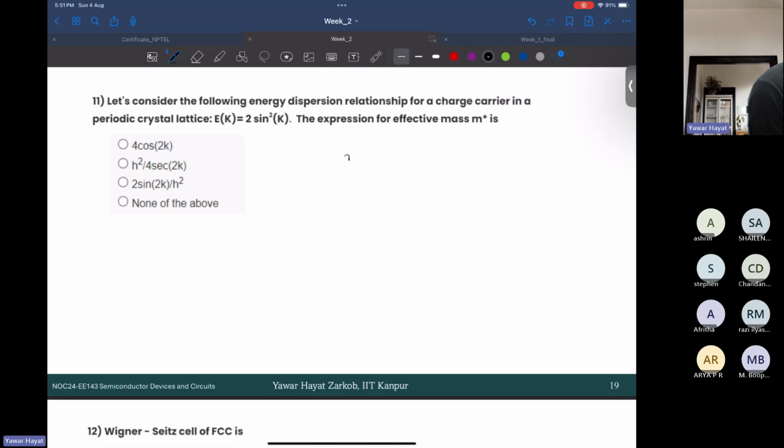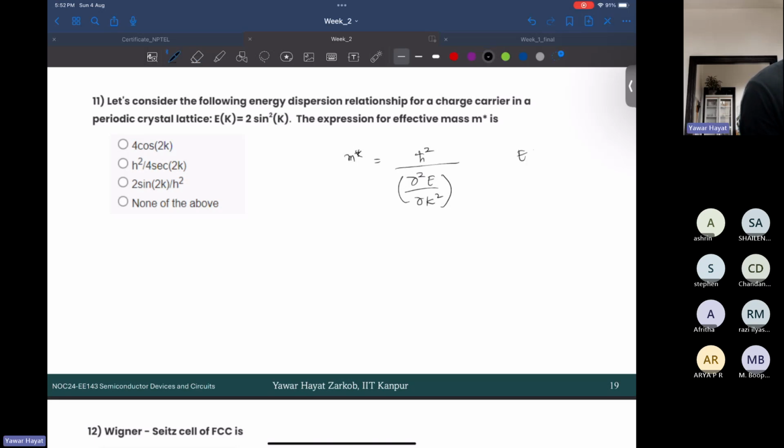So it's m star, that is equals to h bar square by dou 2e by dou k square, right? And what is dou e by dou k? Wait, I'll actually solve it quicker.